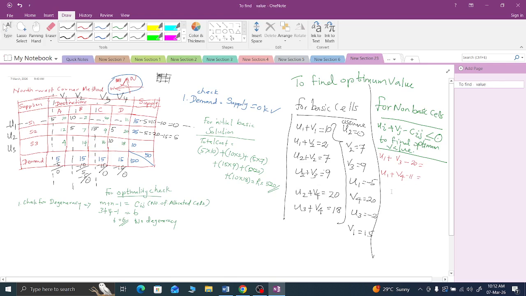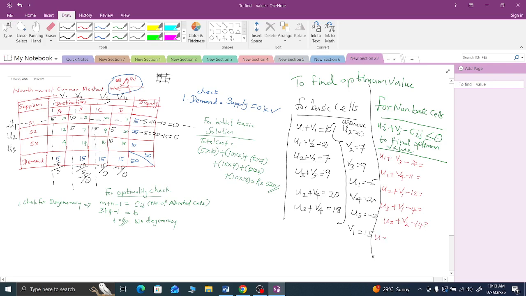Next non-basic cell is u2 plus v1 minus 12 equal to how much? Next one is u3 plus v1 minus 4. Next u3 plus v2 minus 14.